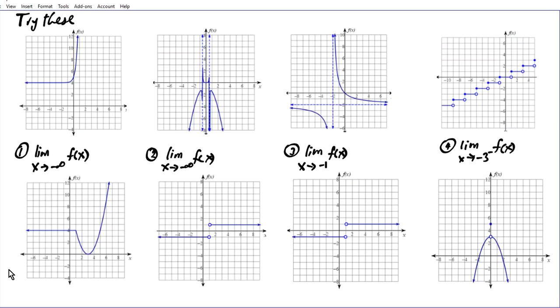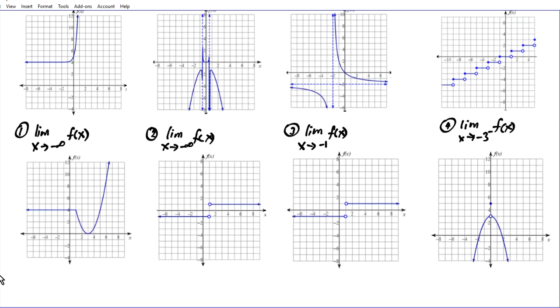Number 5. What is the limit as x approaches 1 of the function? Number 6. This is a double-sided limit. What is the limit as x approaches 1 of the function?